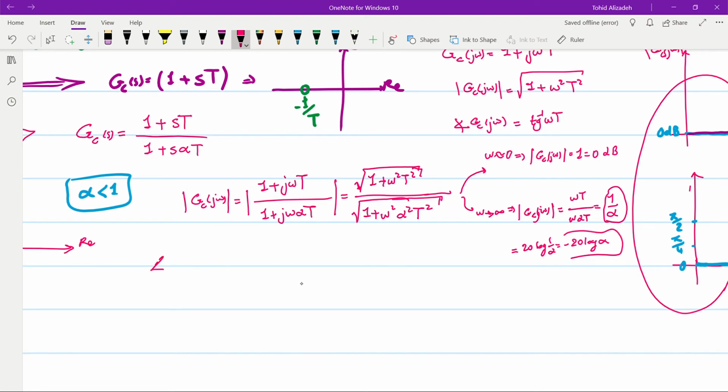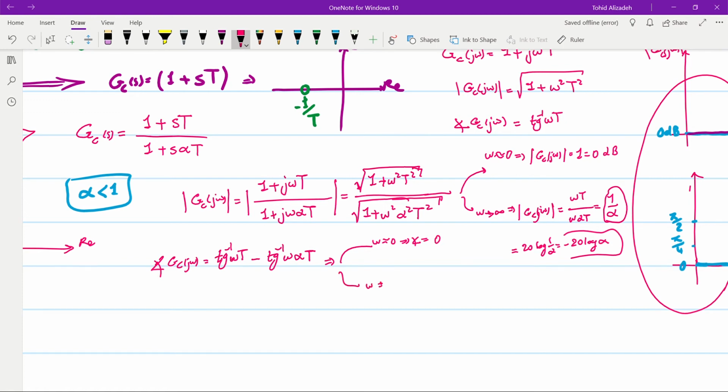The phase of GC j omega will be equal to the phase of the numerator, which is inverse tangent of omega T, minus the phase of the denominator, which is inverse tangent of omega alpha T. As omega goes towards 0, phase will be equal to 0.